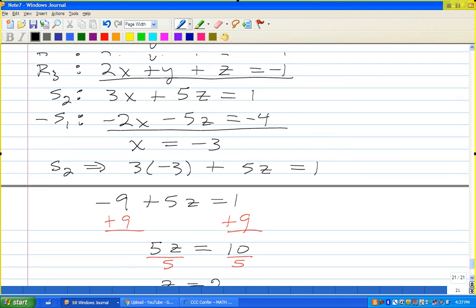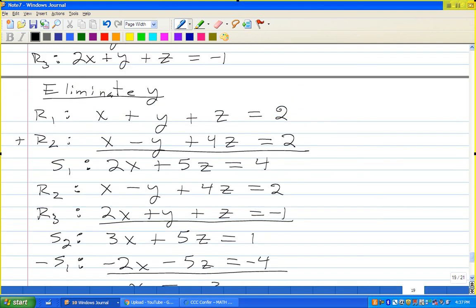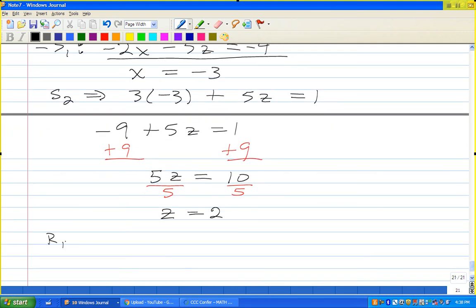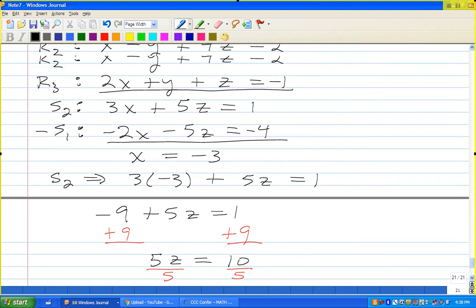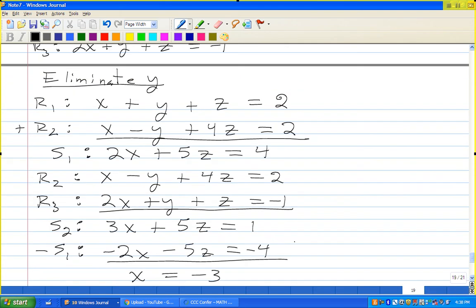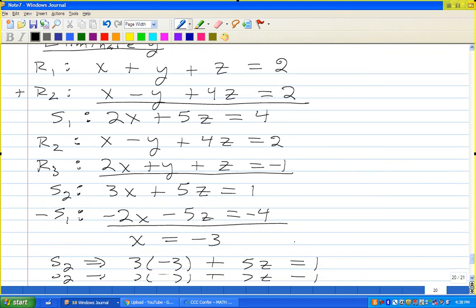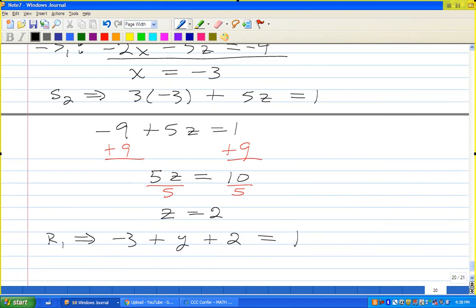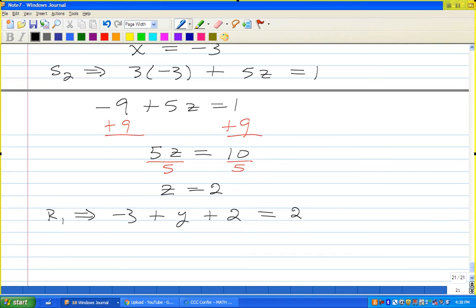Good. And lastly, let's plug into, let's say, R1. x plus y plus z equals 1. No, it's not. It's equal to 2. So R1, x plus y plus z is 2. And so y minus 1 is 2.